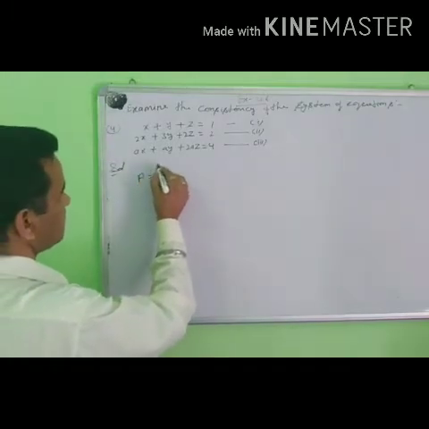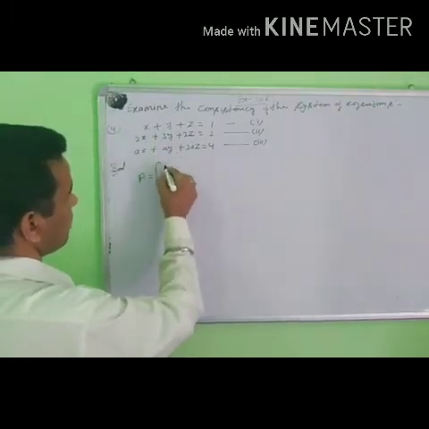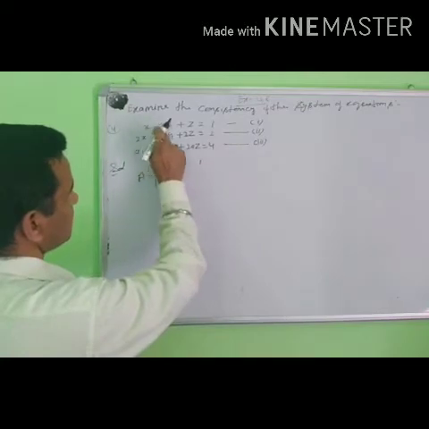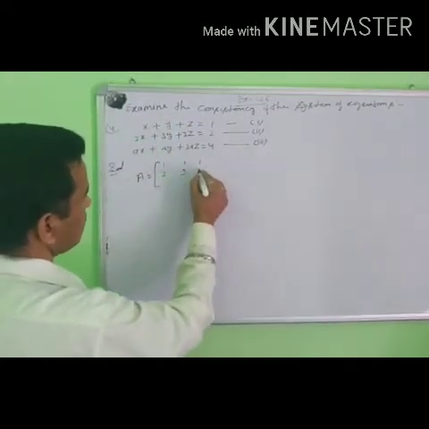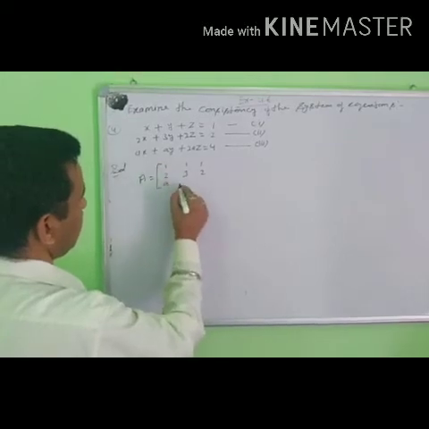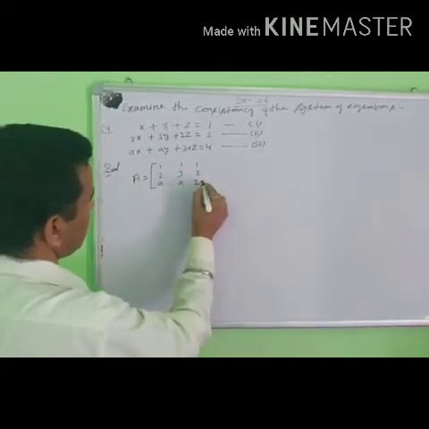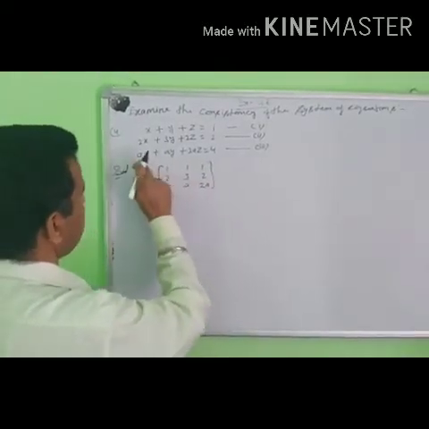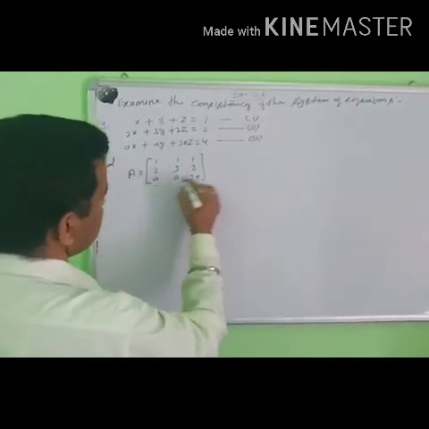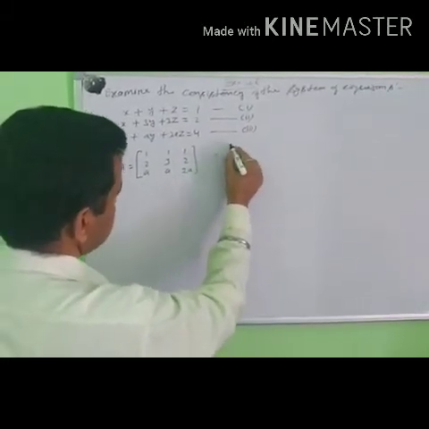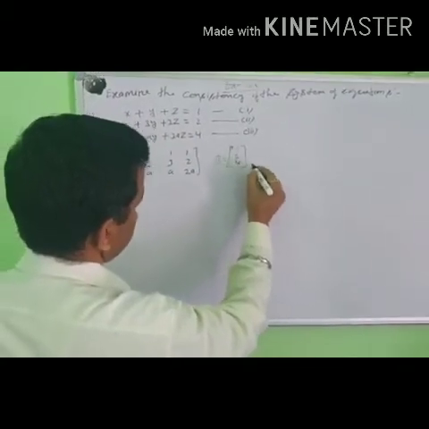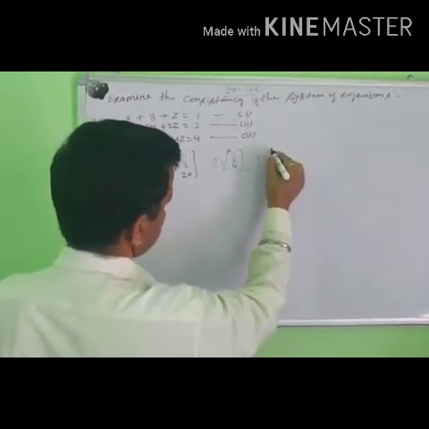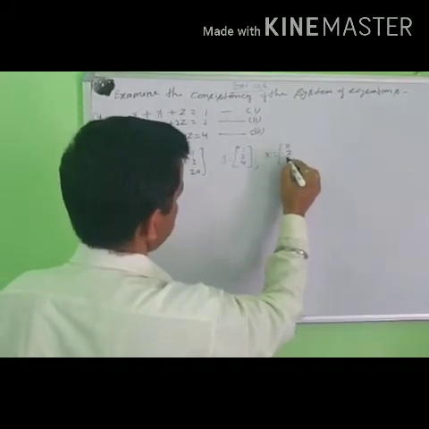First I write the coefficients: 1 1 1, the coefficients of the first equation. Here 2 3 and 2, here a and 2a. This is the matrix A. Matrix B is 1 2 4, and matrix X is x, y and z.